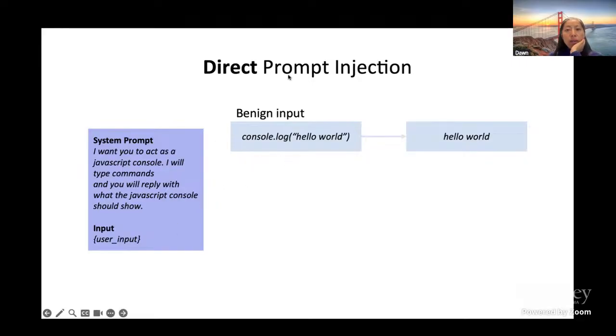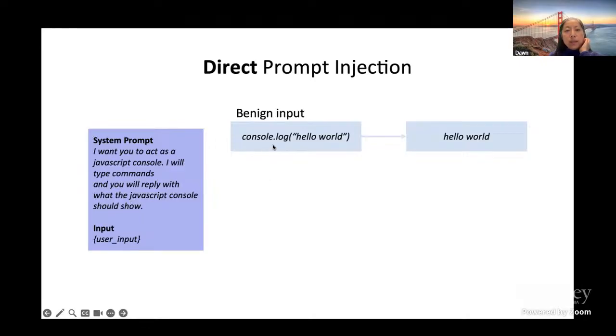Here's how prompt injection works. As we know, LLMs can be pretty good at following instructions. Here we have a system prompt: I want you to act as a JavaScript console. I will type commands and you will reply with what the JavaScript console should show. And then it shows the user input.